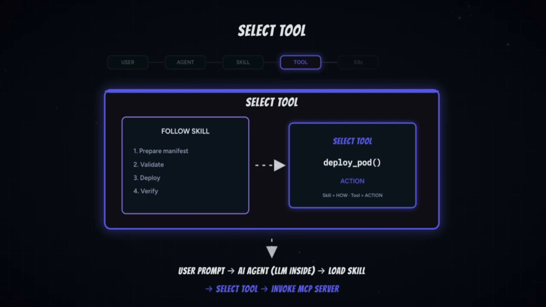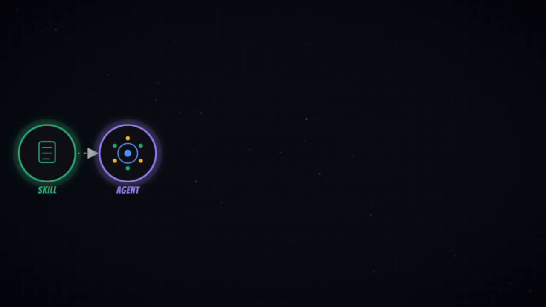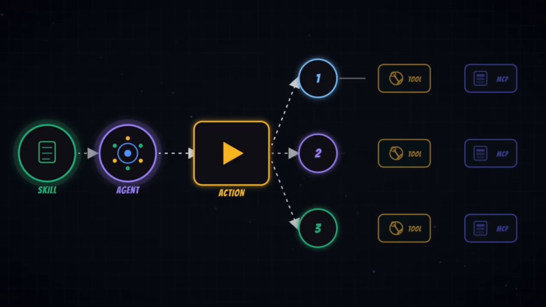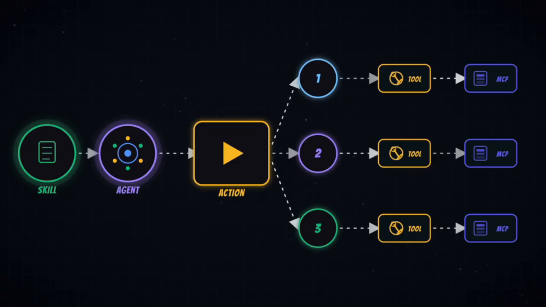I just want to emphasize that whenever a skill is loaded, to perform that action we have to do many sub-actions, and for every sub-action, the AI agent will call a tool on an MCP server. So with a single skill, your AI agent may invoke multiple tools to fulfill it.